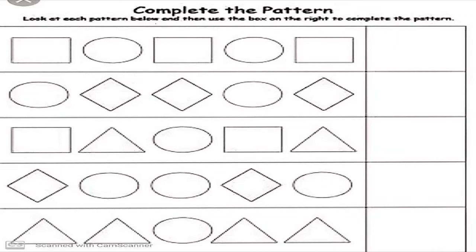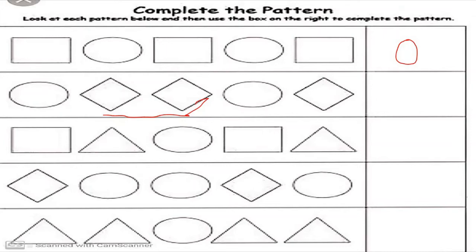Now complete the pattern as we have done in the previous slide. Look, this is rectangle, circle, rectangle, circle, rectangle. Now if we want to complete this pattern, which shape will come next? It is circle. Okay. Next, circle, square. Oh, have you seen the two same shapes present here? And this is the circle and here one diamond only. So which shape will come next? What do you think?